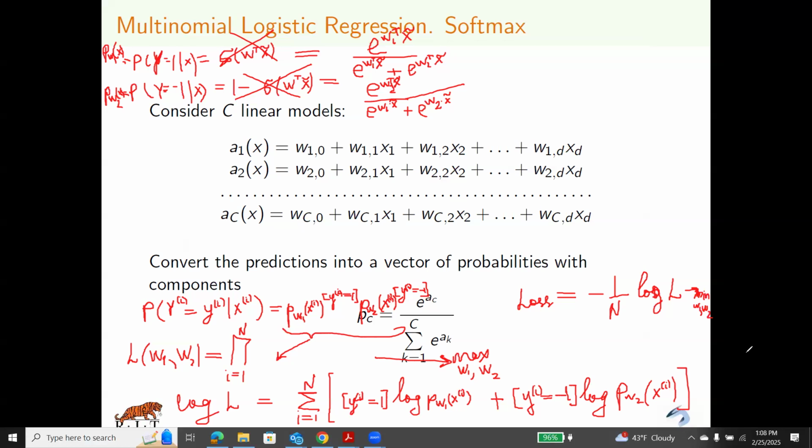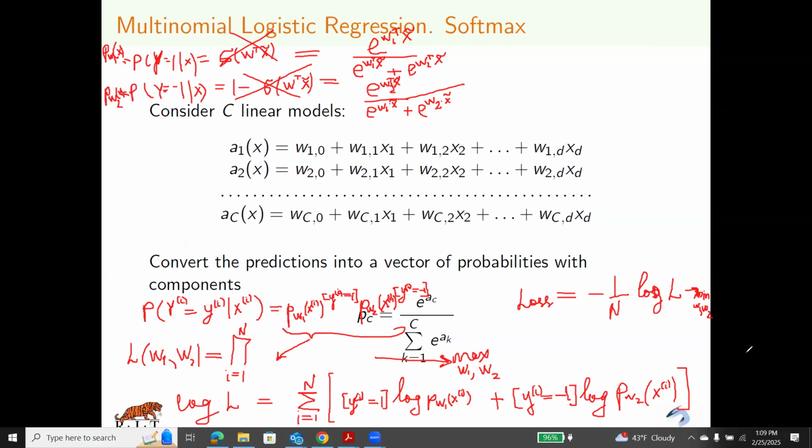So you want to use the first approach, when you just calculate probability for one class and use 1 minus this probability, when you have a small amount of data, and that's why it's typically used in statistics. And in machine learning, you can learn more parameters if you have more data.